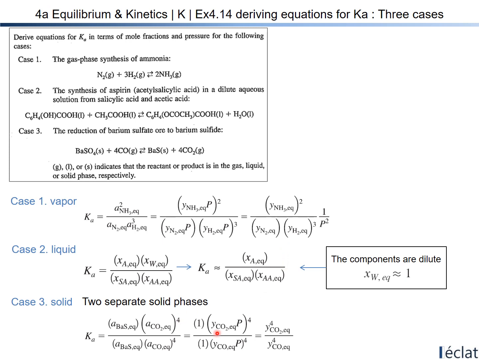So this is the result. How about solids? The reduction of barium sulfate to barium sulfide. Barium sulfate is solid, barium sulfide is solid, and carbon monoxide and carbon dioxide are gases. Something is wrong here: this is the barium sulfide, this is the barium sulfate.